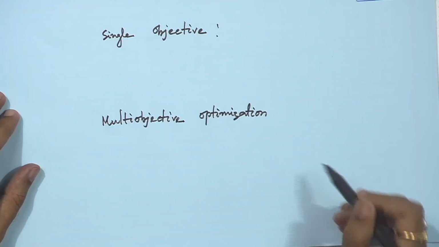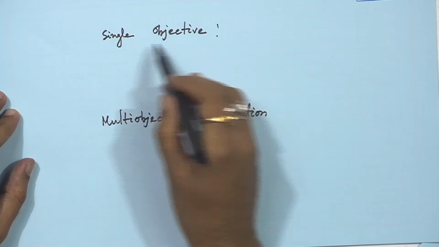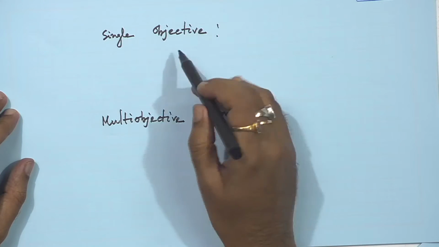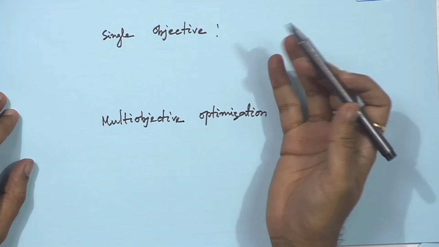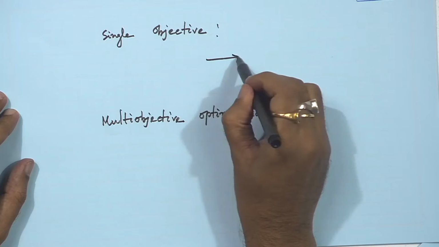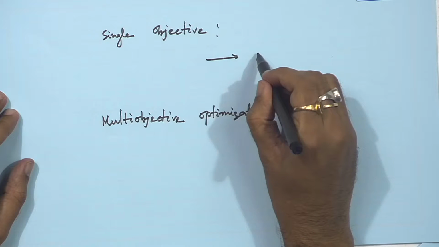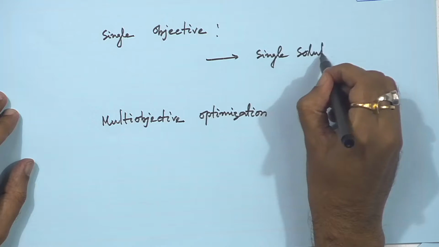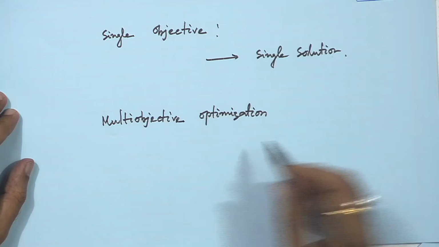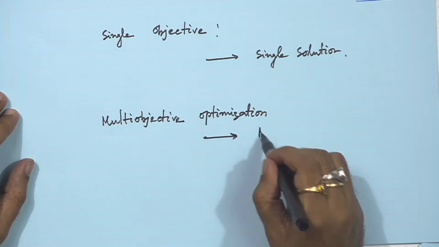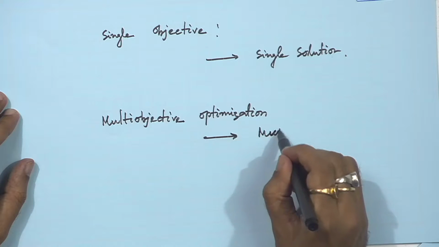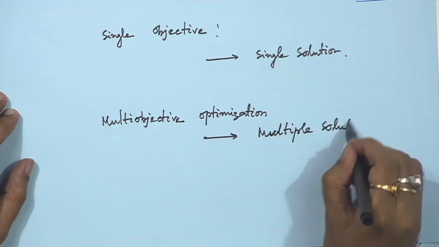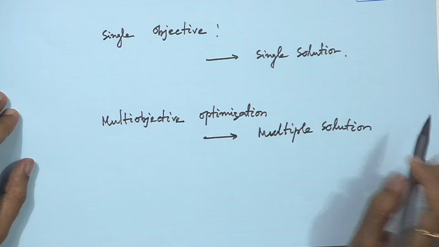So, in this single objective process, you already know that you can utilize classical approach or evolutionary approach. You will get a single solution. Okay. But in this case, multiple solutions.